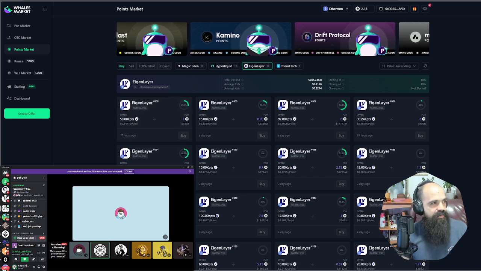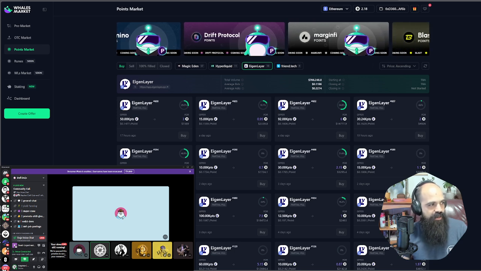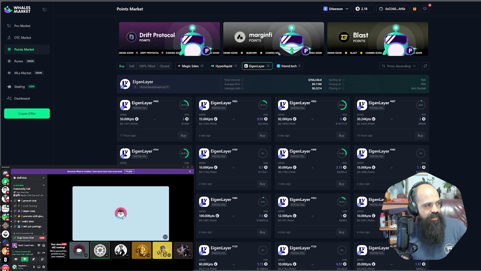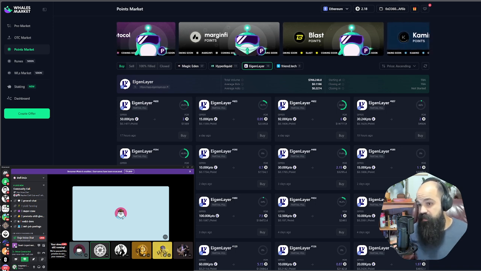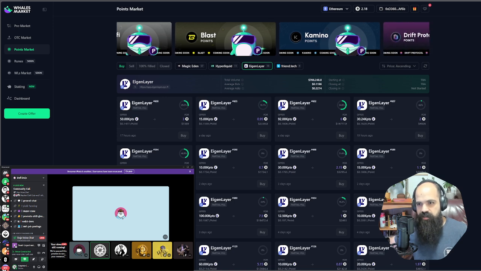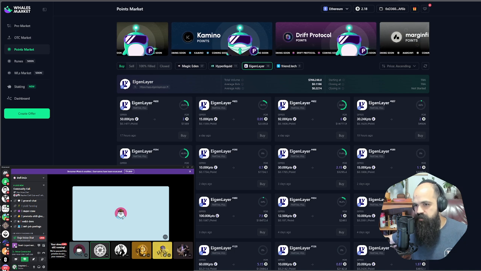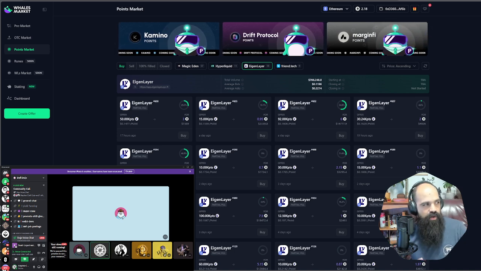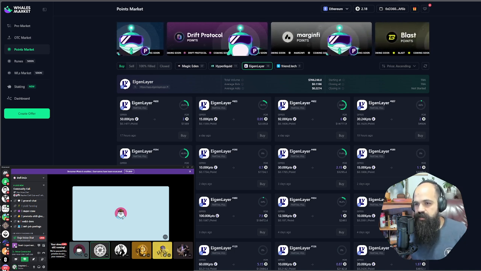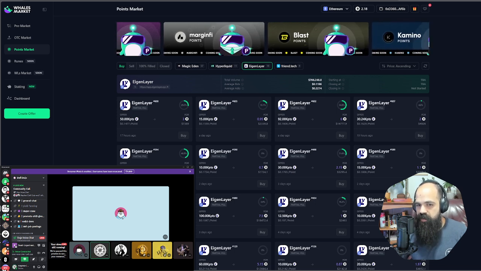If I did my math right, that's something like $177 million, which, yes, is a lot, but Celestia, I think, is in the double-digit billions, and EigenLayer is anticipated to be much larger than Celestia. For only $100 million, that's potentially less than 5% of the FDV.